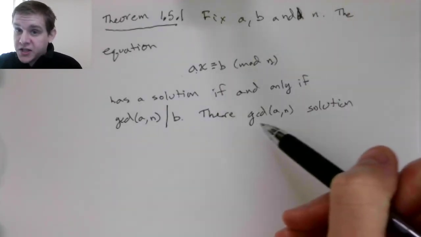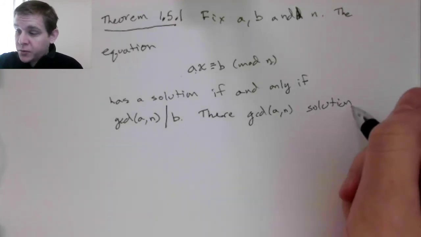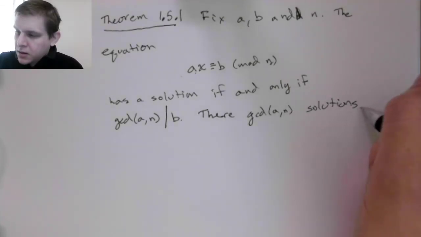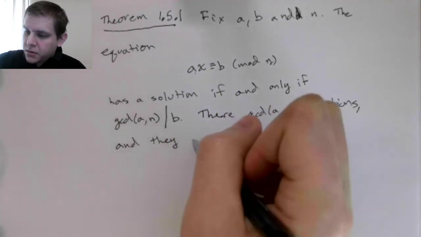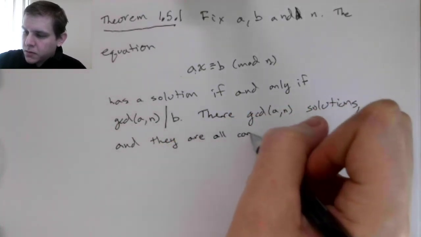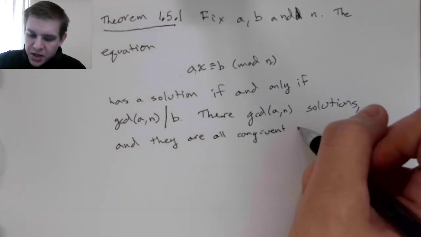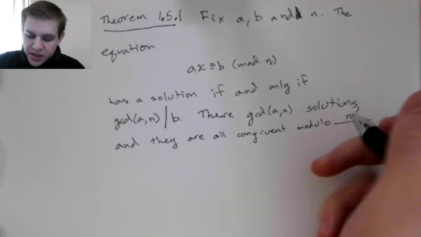Now if the GCD is not equal to 1, I can still get solutions, but there are more than one. So there are this many solutions, and they are all congruent modulo n divided by this number.